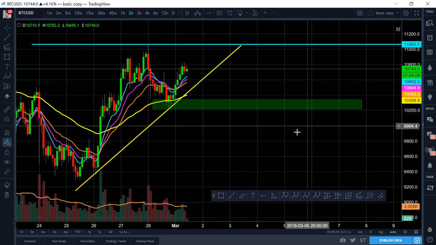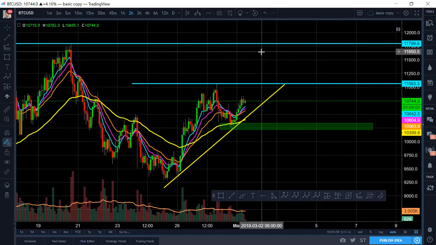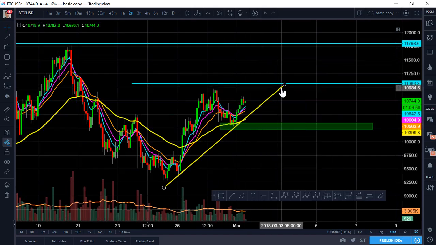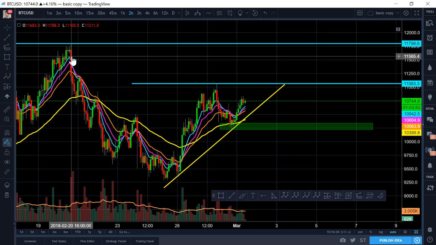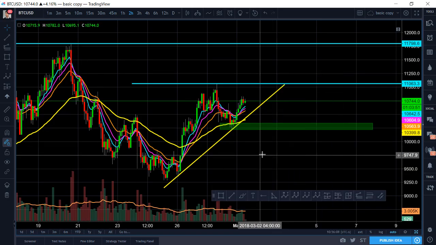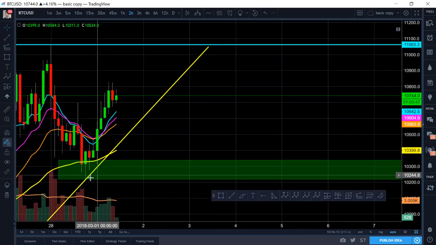So make sure you acknowledge the support that could possibly break down. Or also acknowledge that if we break above 11,065, we will definitely get a nice bull run to the peak of this candle right here, which was 11,788.